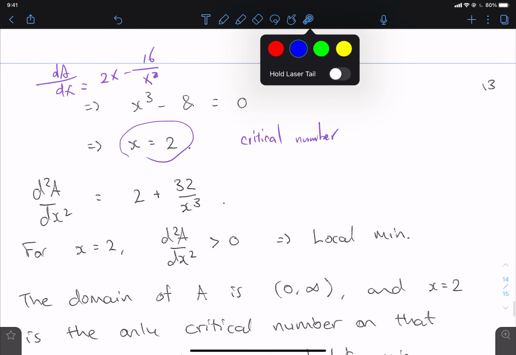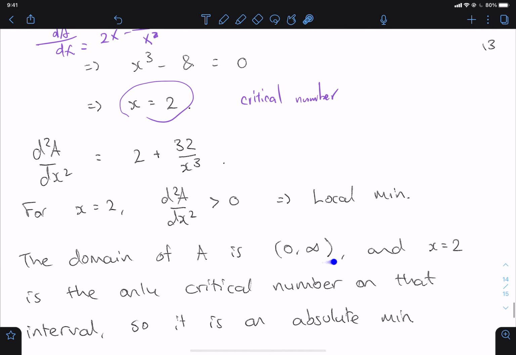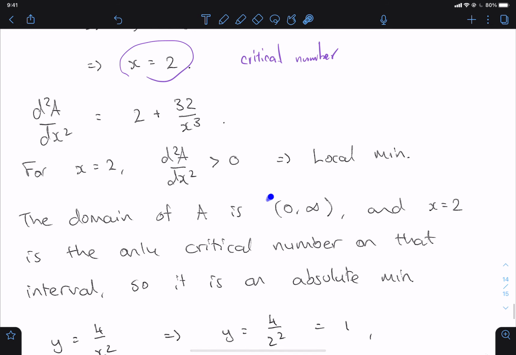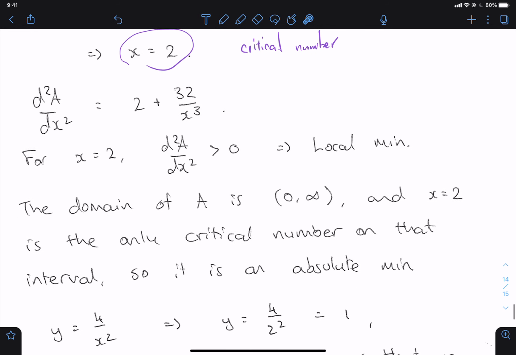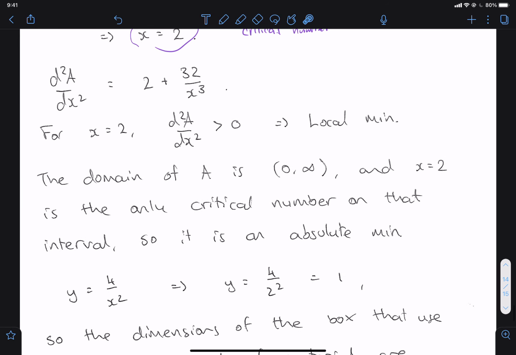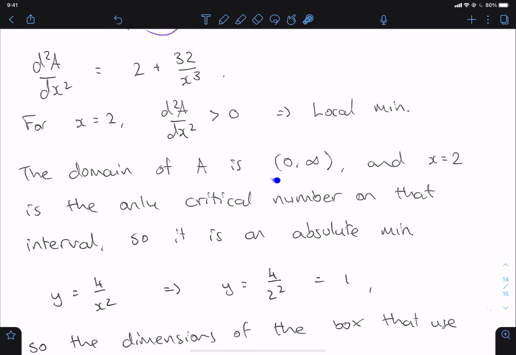So that tells us the domain of this function is 0 to infinity. Whether you write a closed interval or open interval here does not really matter, because we're not going to take 0 anyway, as that is zero volume. That could not happen.